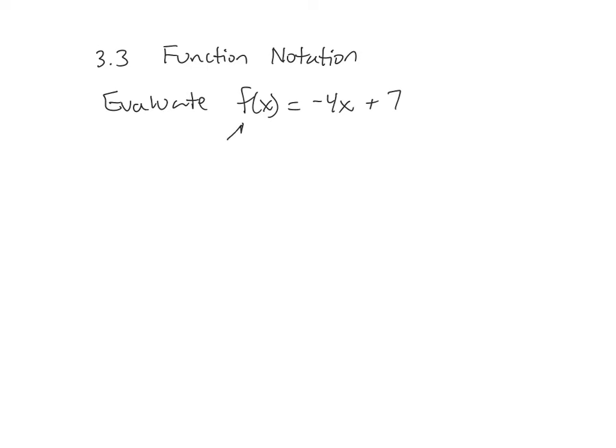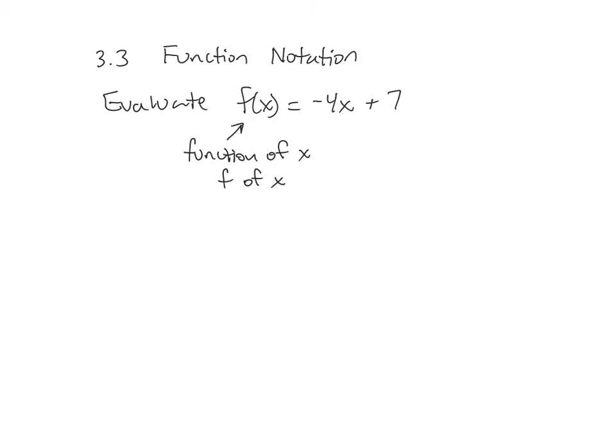So this right here, this is like saying a function of x, or we say f of x. Okay, so it's telling us it's a function. The x is our input.